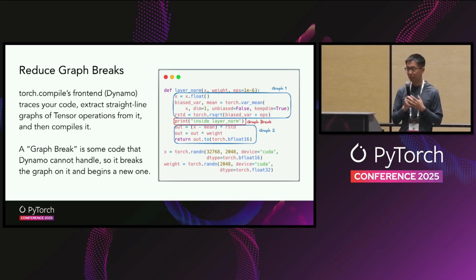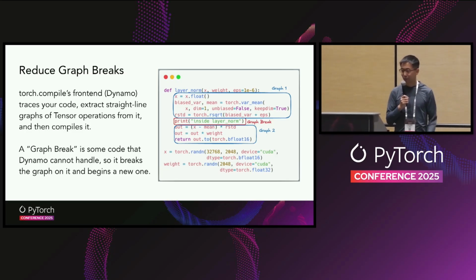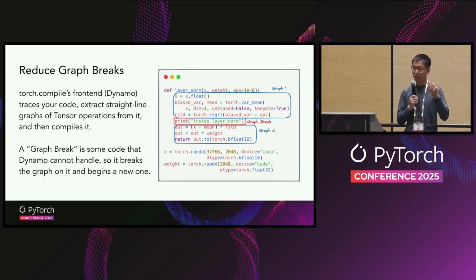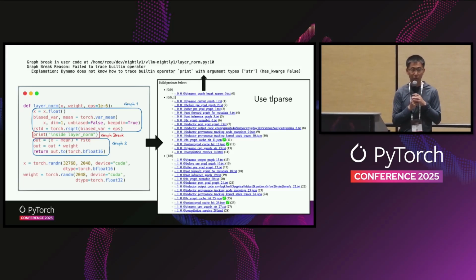The idea is that it's just very conservative. Maybe Dynamo could move your print function to the end so that it can have one big graph that it compiles, but Dynamo decides, hey, maybe you really want your print here, so we're just going to graph break. Graph breaking here means there are actually two graphs being captured, one at the top and one at the bottom. These two graphs get sent to the backend separately for compilation.